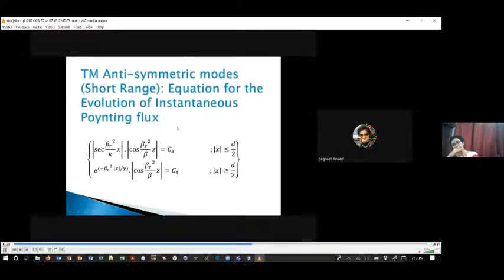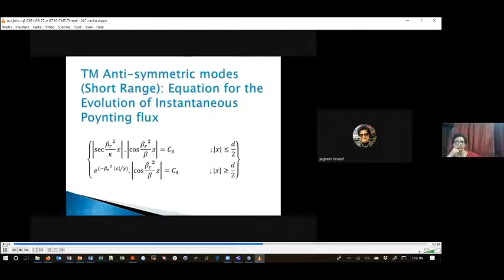Now, if I look at this expression along the z direction, the dependency is cos of beta r square by beta. Since beta is a complex number, this expression beta r square by beta will have a real part as well as an imaginary part. The imaginary part of this expression will be responsible for the decay of the Poynting vector flux lines as it propagates along the z direction.